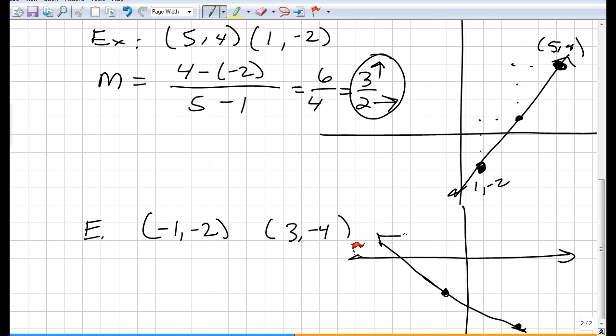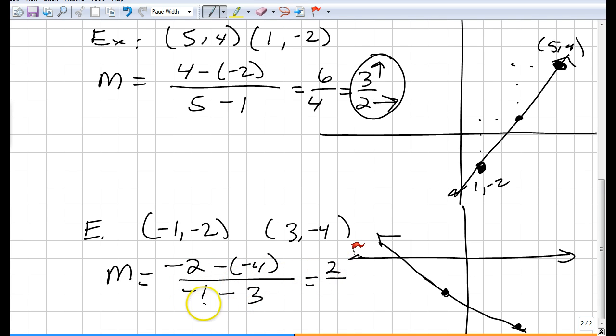And so the slope would be the difference in the y, so negative 2 minus a negative 4 over negative 1 minus 3. So that's negative 2 plus 4, so that's 2, over negative 4, which reduces down to negative 1/2.